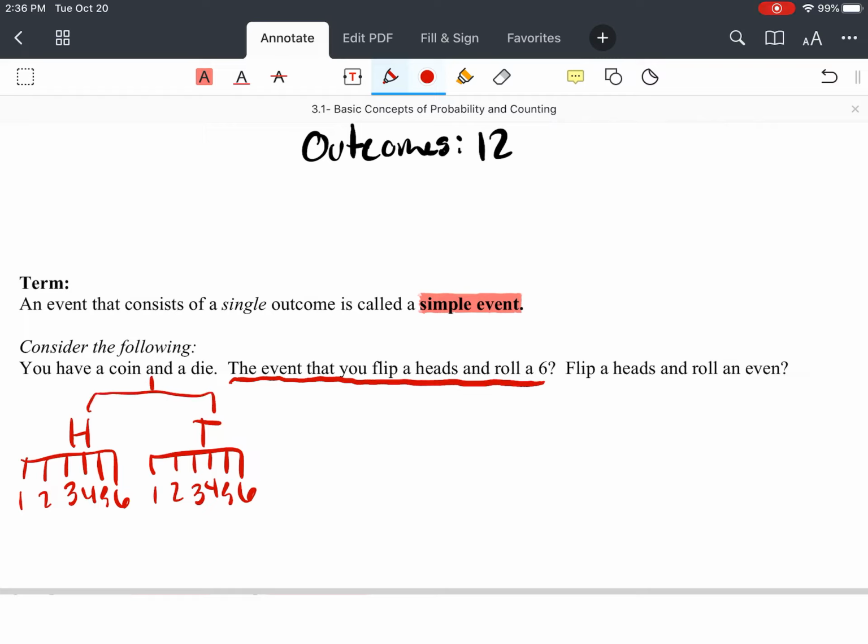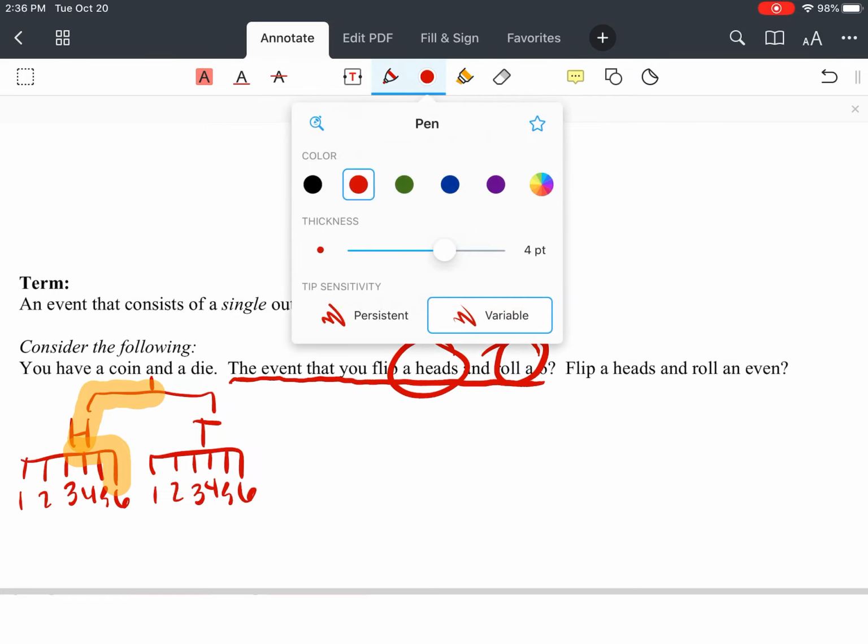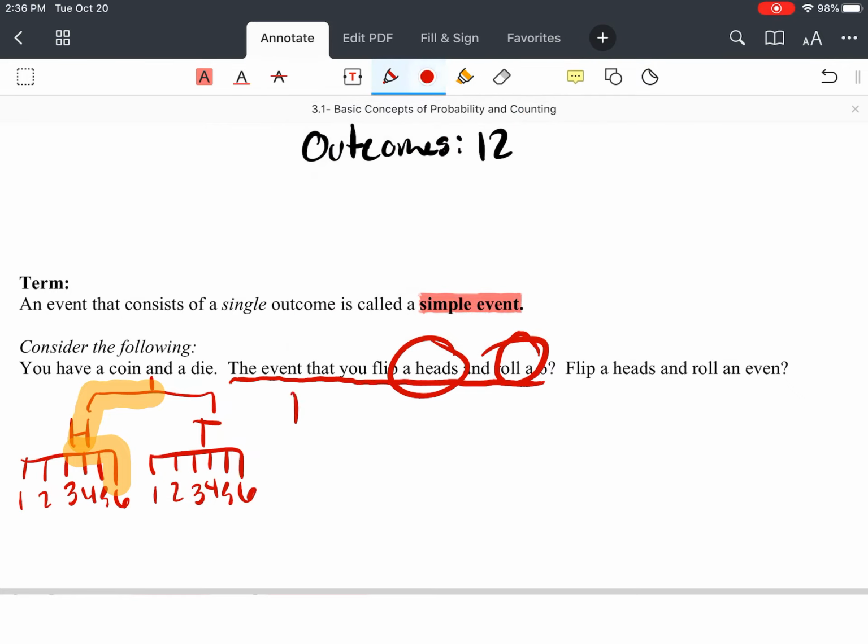If I look for a heads and a 6, I follow this path over here. I've got a heads, and then I've got a 6. There's only one possible way that we can get this outcome. So we have exactly one outcome. So this would be a simple event.